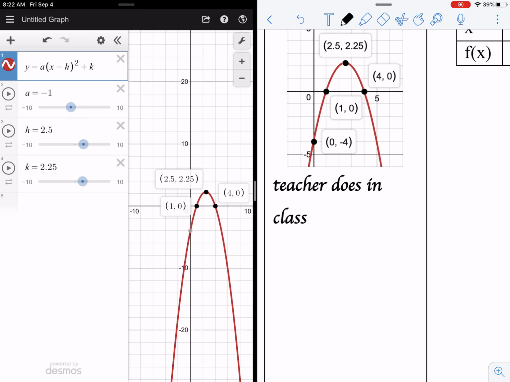So you would pick a point that's not your vertex. I'm going to use 1, 0 because it's the smallest. So 1, 0, and the vertex, which is at 2.5, 2.25. And from here, I'll just plug it into the equation.